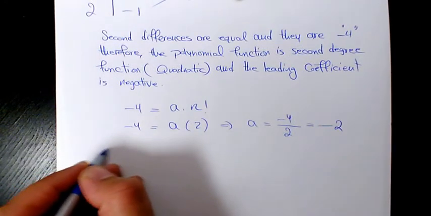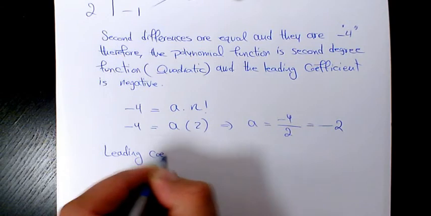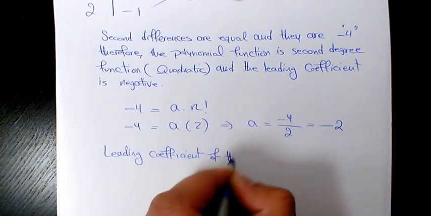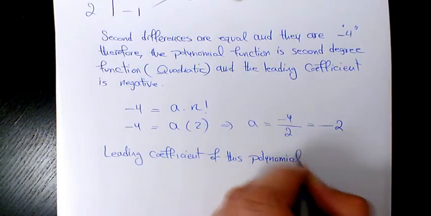So the leading coefficient of this polynomial is negative 2.